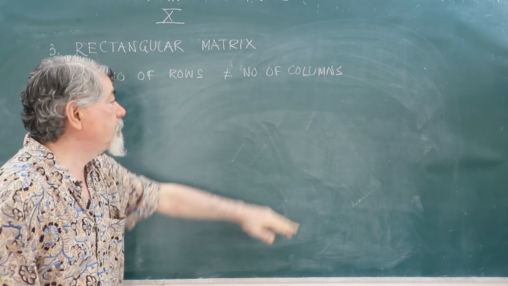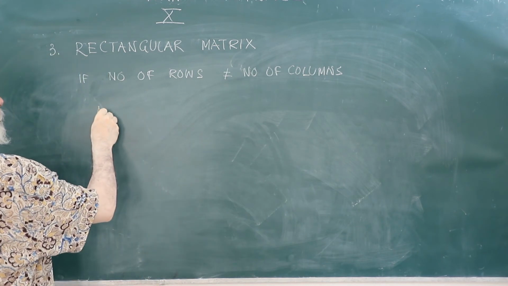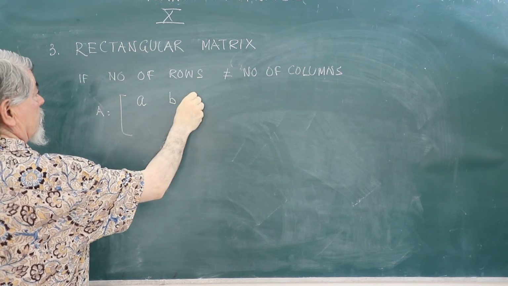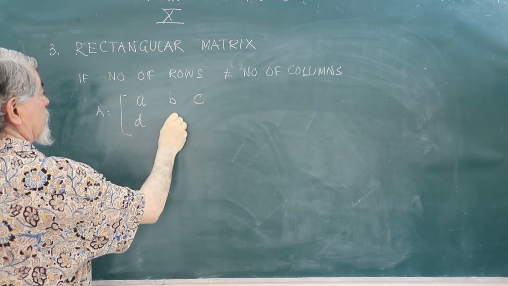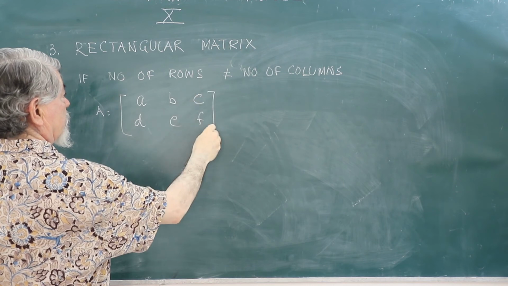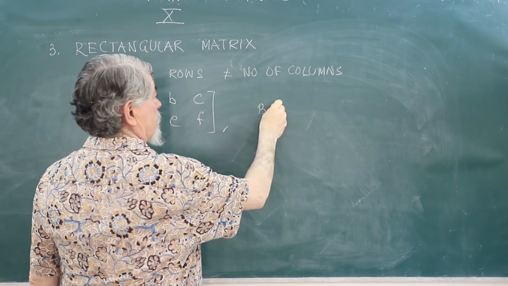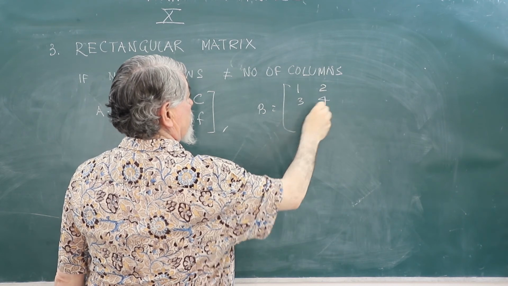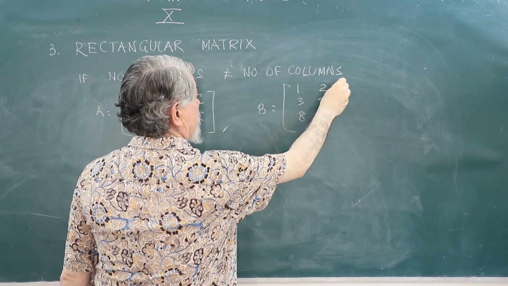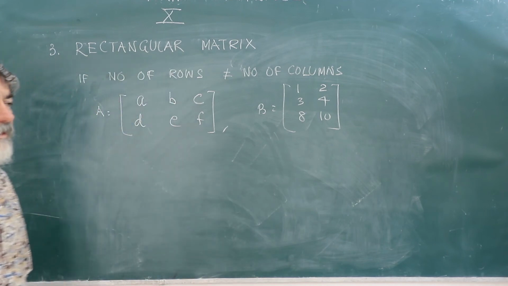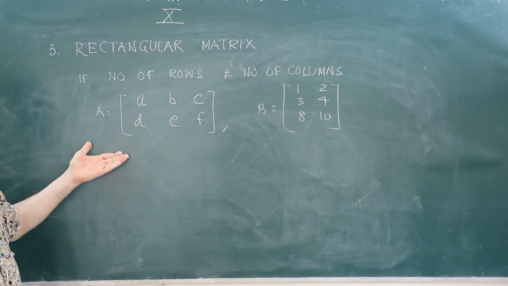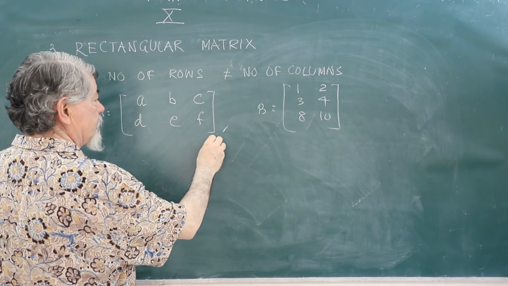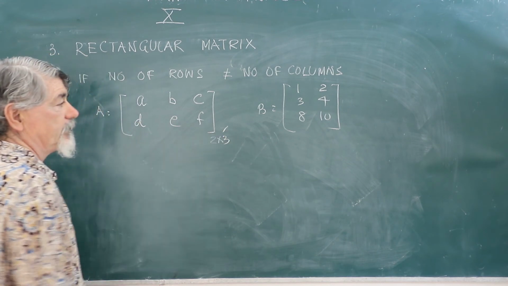For example, in these examples you see how many rows it has. 2 rows and 3 columns.